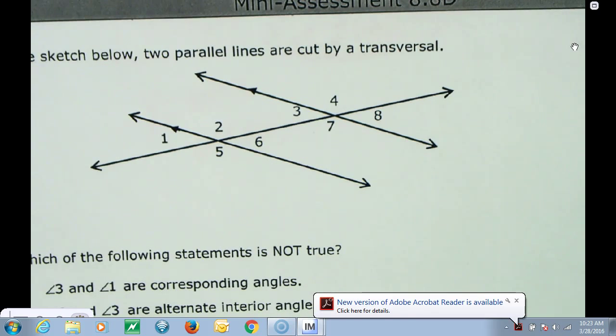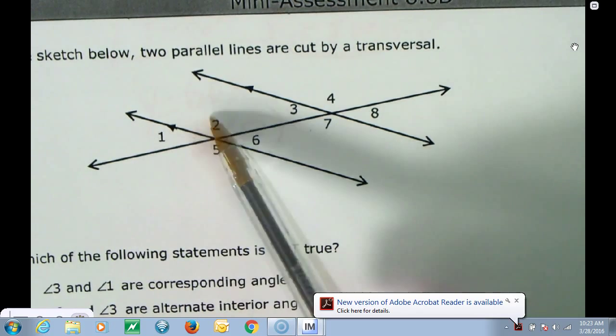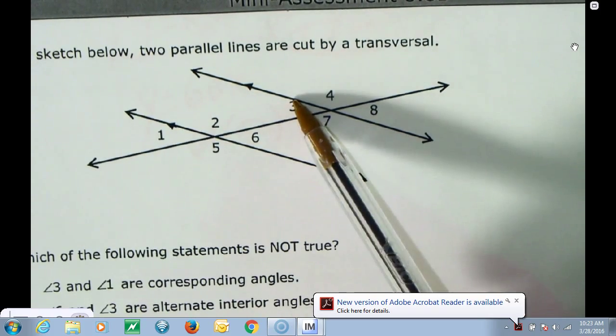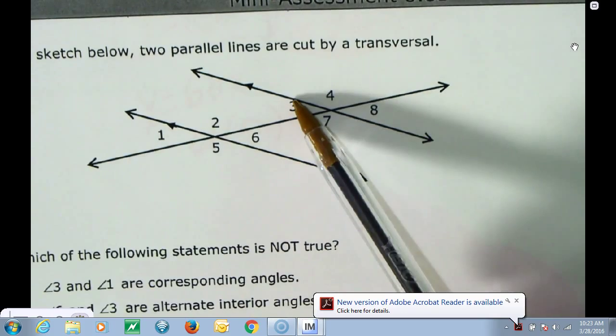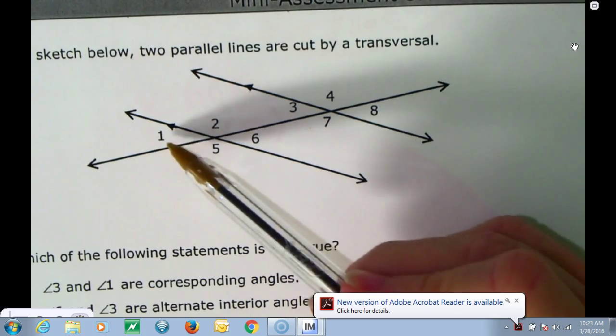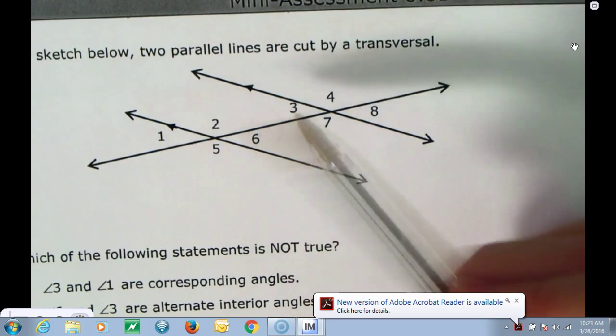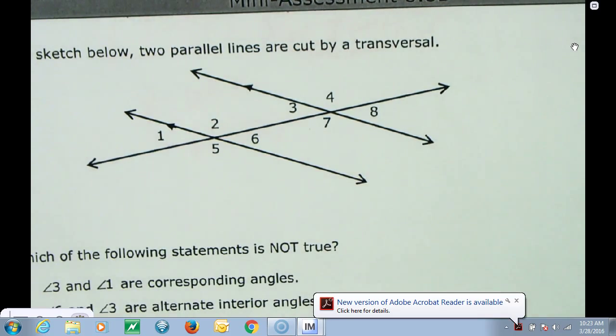Corresponding. They're congruent. No, they're not congruent. 1 and 3. No, 1 and 3 are corresponding. Guys, they're at the same point in the intersection. The left side of the intersection, 1 and 3. 5 and, 6 and, 2 and.